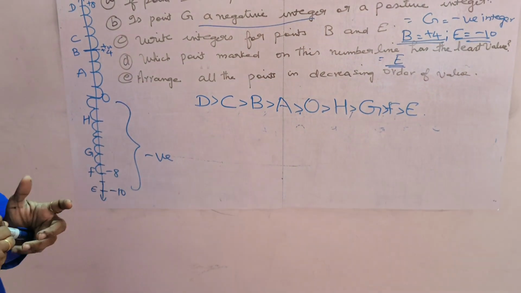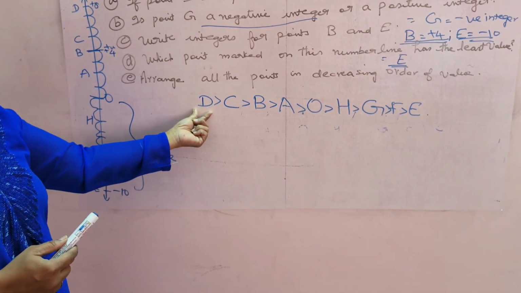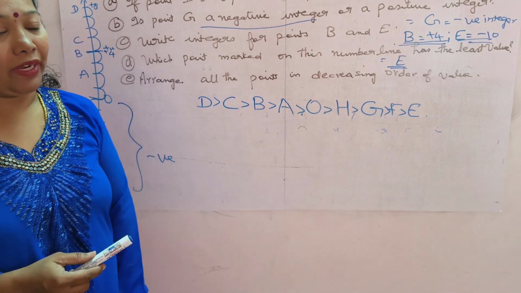So we have arranged all the points in the decreasing order of value. D has the highest value, that is plus 8, and E has the lowest value, minus 10.